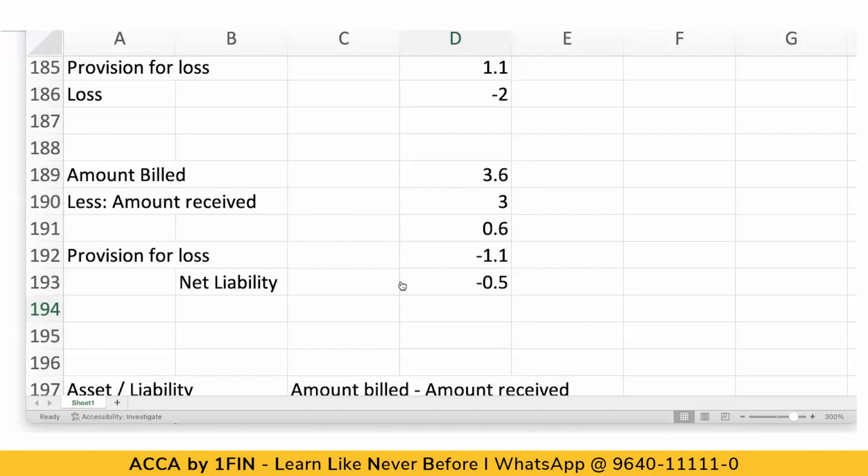Sir, when doing the impairment chapter revision, I suddenly got confused between impairment and revaluation loss. When we do the cost model, we use the term impairment, and in the revaluation model, it's revaluation loss. No, in the revaluation model also there may be impairment, but because you are doing fair valuation, there is less likelihood of those assets being impaired. Impairment testing is done when I believe that there is a loss.